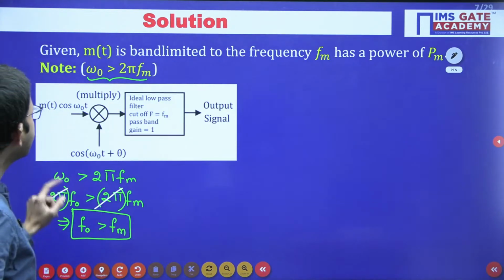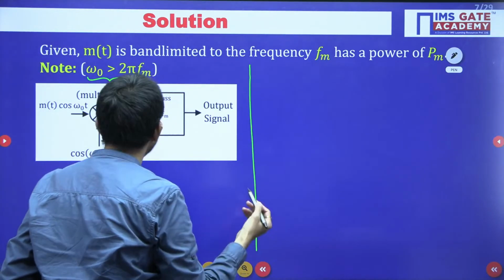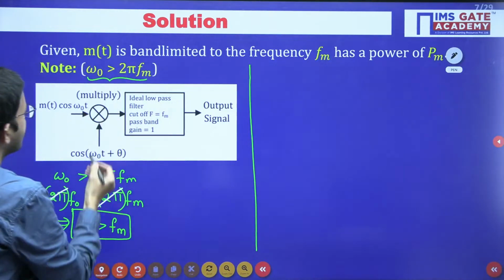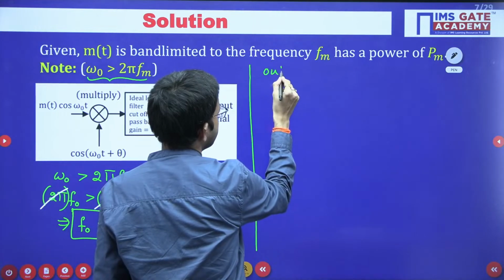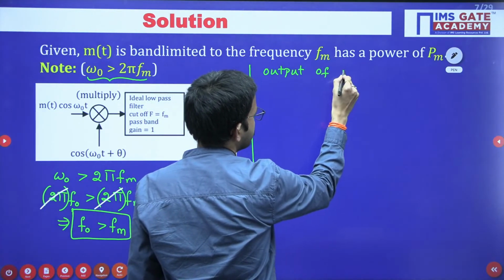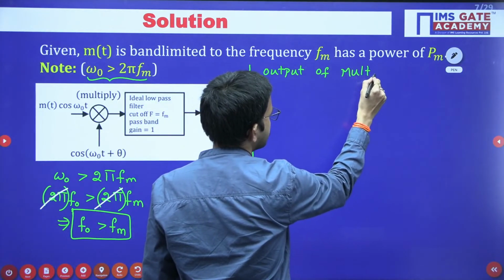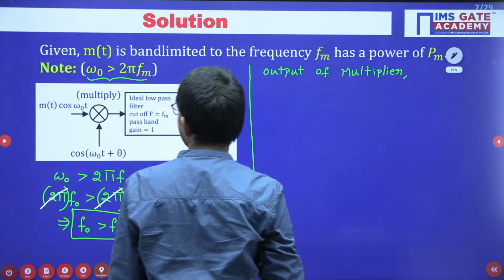Now first of all, consider the output of the multiplier.